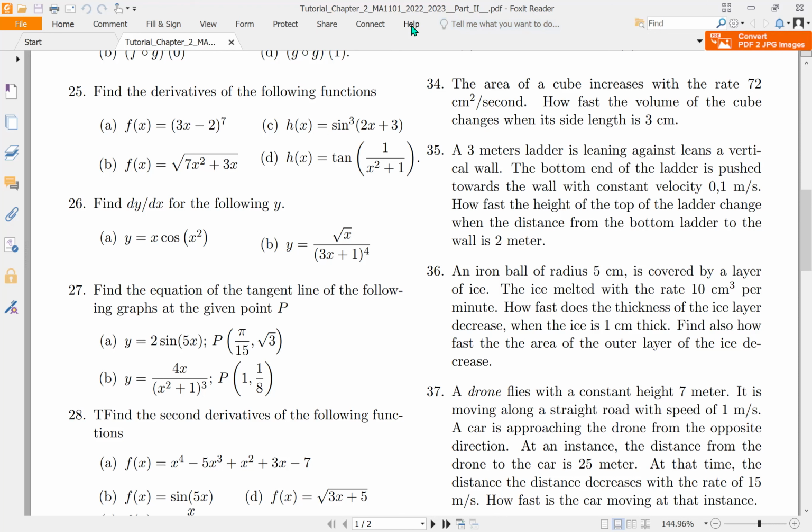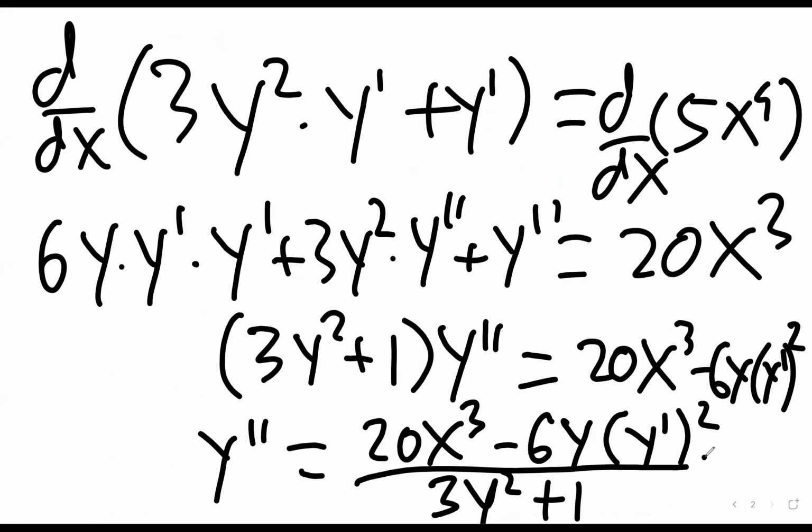Let us take a look at the visualization of this problem. Number 36 here. Let us draw the situation. Suppose that you have an iron ball. Of course, you may simplify this by looking at the cross section of the ball.